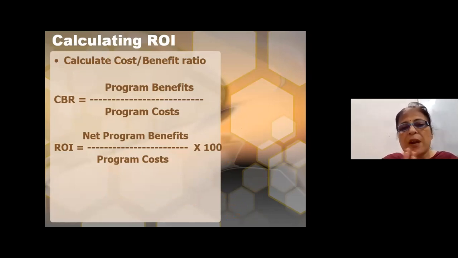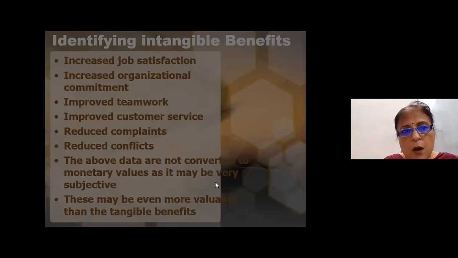You see the program benefits in total, and then something might not be attributable to the training, so you subtract that from the program benefits. So you get the net program benefits, and net program benefits over the program cost, whatever money was spent on the program, is the ratio, and the percentage of that will give you the return on investment. So that is how it is.